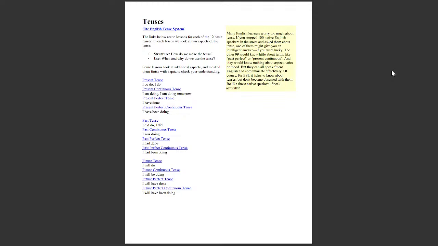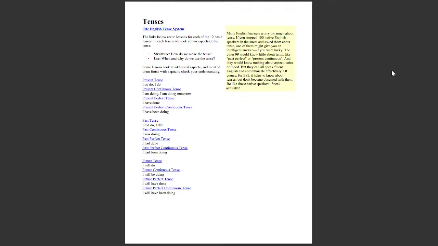And past perfect continuous tense: I had been doing. If you notice, in the present tense we said I have been doing, and in the past tense have changes to had: I had been doing. It might be a little confusing, but if you focus on it, you'll definitely get my point.